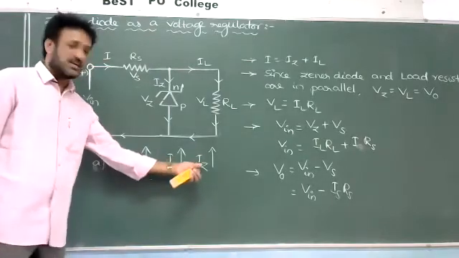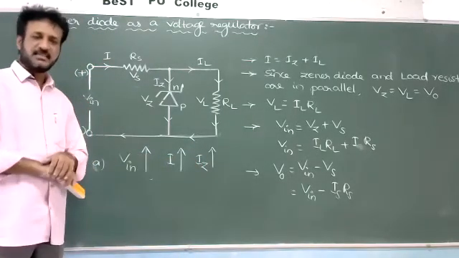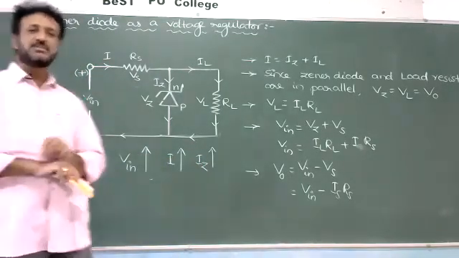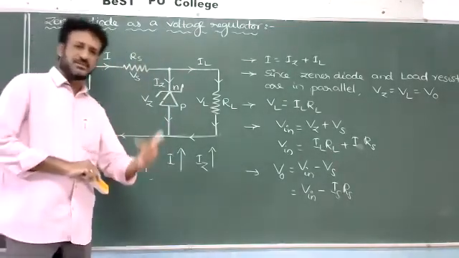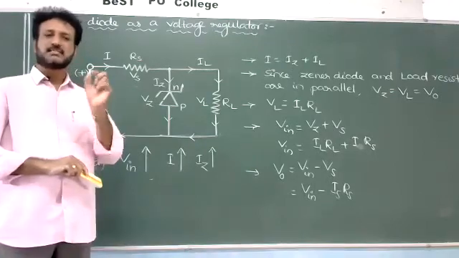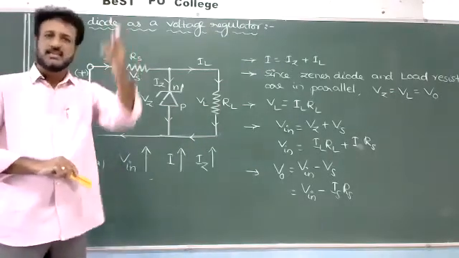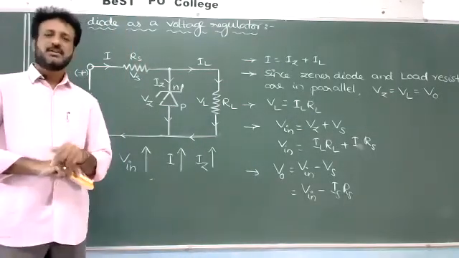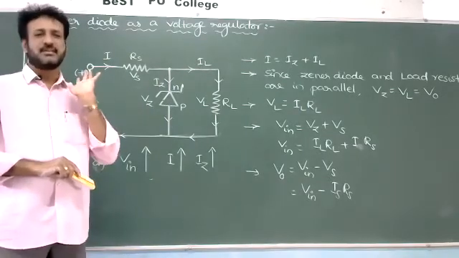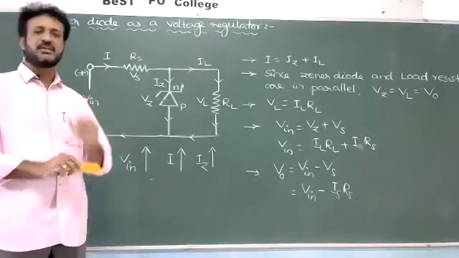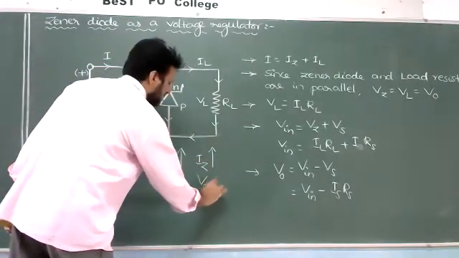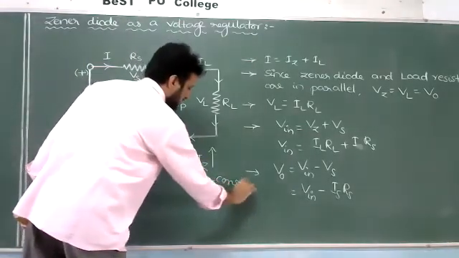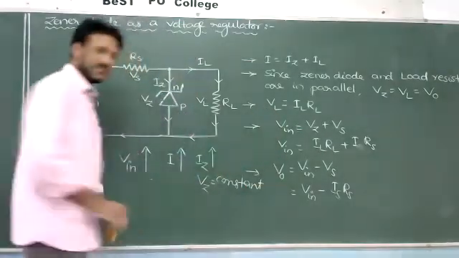But even though current flowing through the Zener diode increases, where are we using a Zener diode? Already mentioned, in reverse bias in the breakdown region. In the reverse bias breakdown region, even though current increases, there is no change in Vz value. So the voltage across the Zener diode remains constant, no change in Zener voltage.